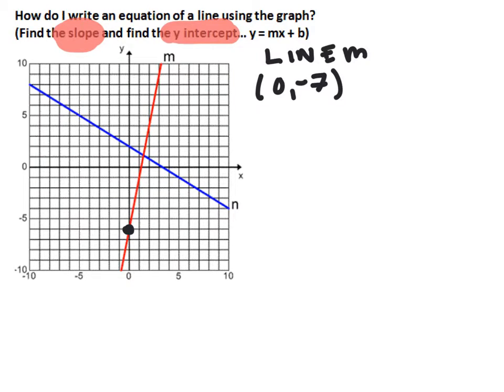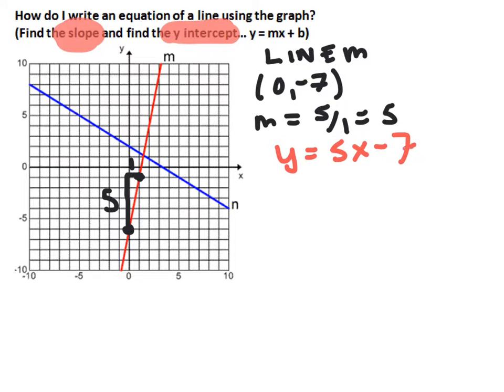The next thing I want to do is find another point that I could count slope out to, and it looks like this is the next point that would work. If I count that, it looks like 5 up and 1 over. So the slope there is 5 over 1, or in other words 5. That means the equation of our line would be 5x minus 7.